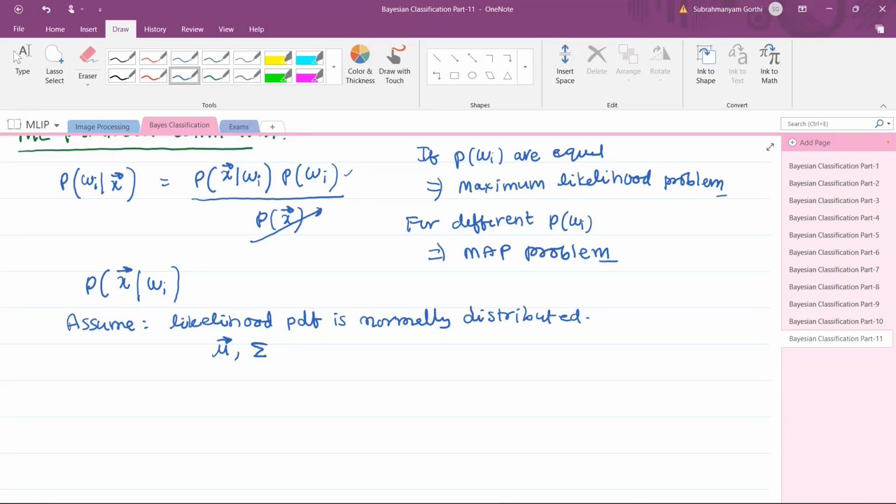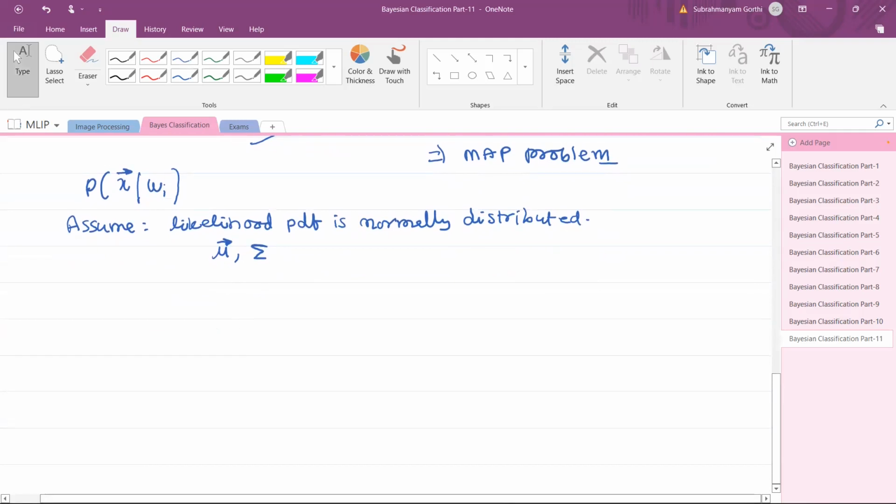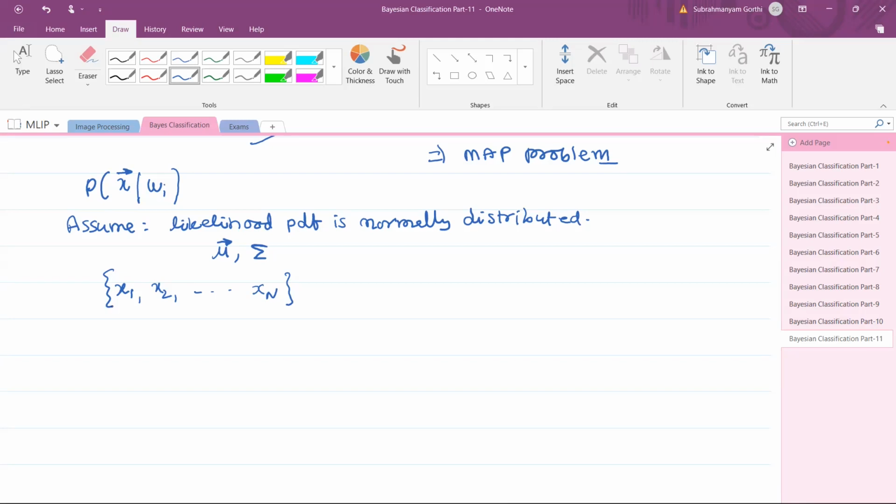Now, just take a simple 1D case so that your thinking process becomes easier. Let's say I gave you x1, x2, x3, up to xn values. These are all samples, and the feature vector is one dimensional. I am telling you that they are samples drawn from a normal distribution.